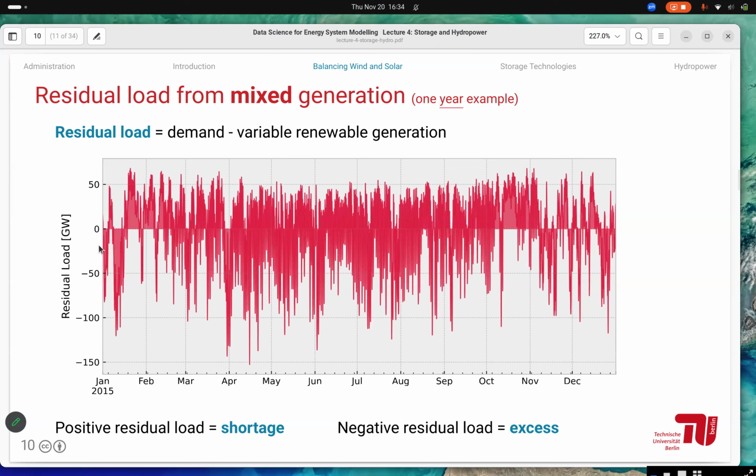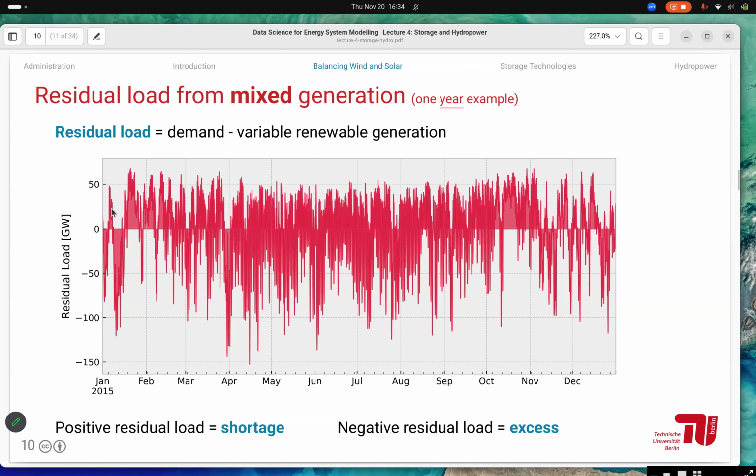We only look at one year of data, but you can see maybe in the first few days, there's an excess of renewables. Because the residual load is negative in these periods, we would charge our storage. So if we think of an integral that moves from left to right, then at the beginning, we fill up the storage. So our state of charge will go up.